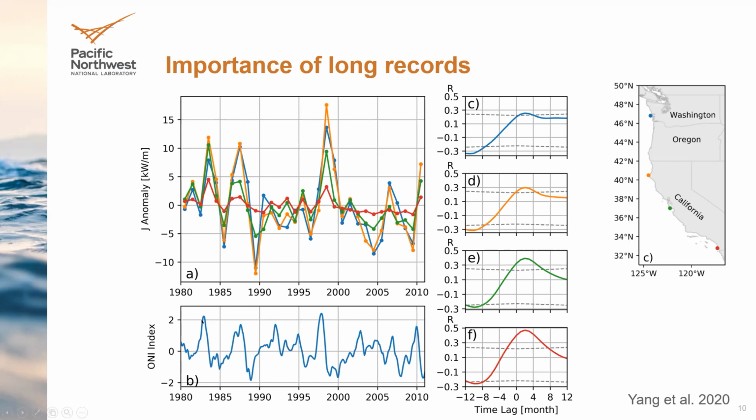So we have 2 big El Ninos in the early 80s and 97, 98, and a longer El Nino. This was a 2-year El Nino, also generating large anomalies. So as we perform these new assessments, we want to make sure that we cover longer periods so that you can make your risk analysis with more confidence.